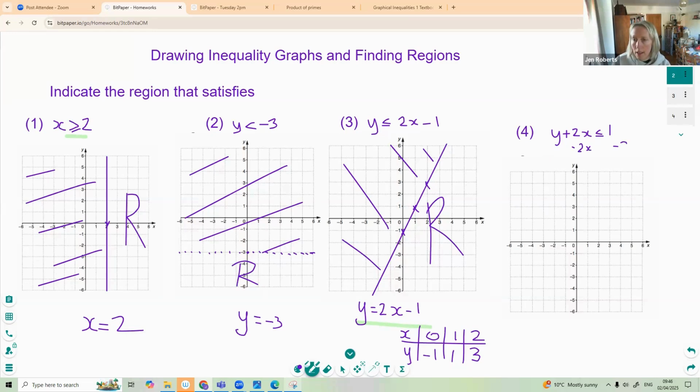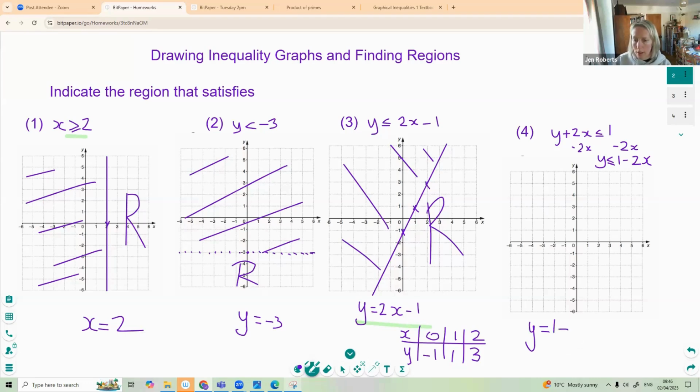If I take 2x off the left-hand side, 2x disappears. If I take 2x off the right-hand side, y minus 2x. Now let me put an equals in. Sorry, it's 1 minus 2x.